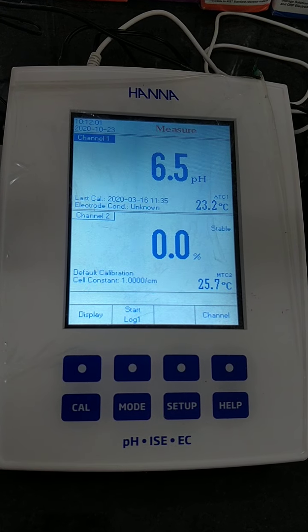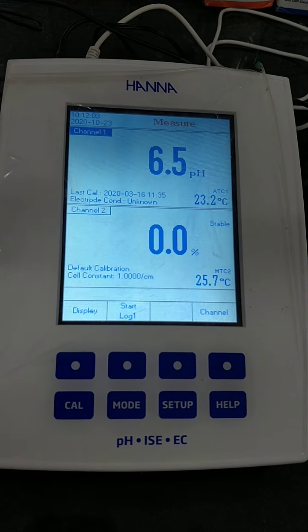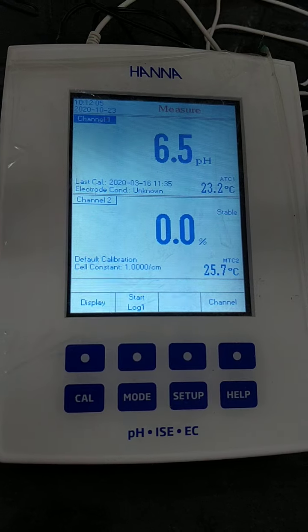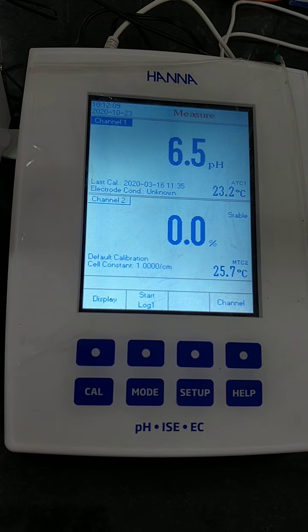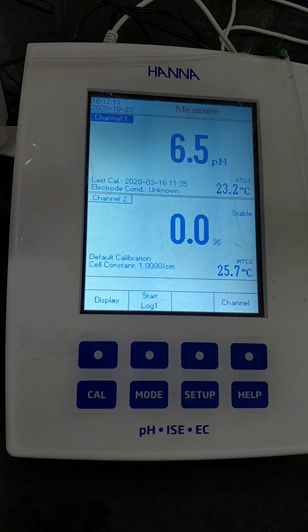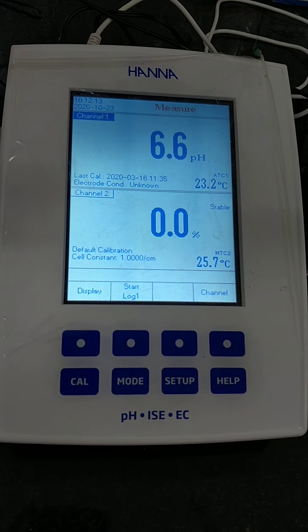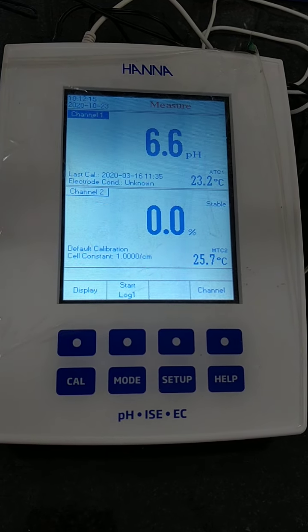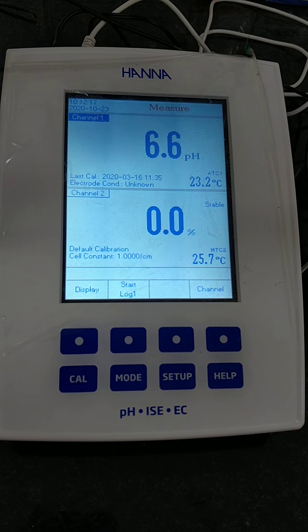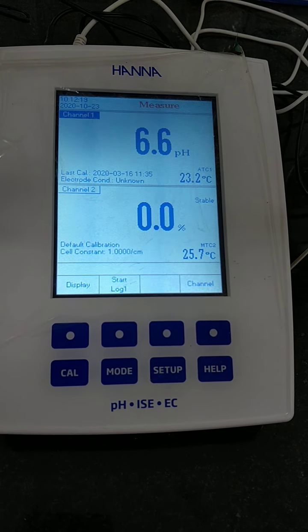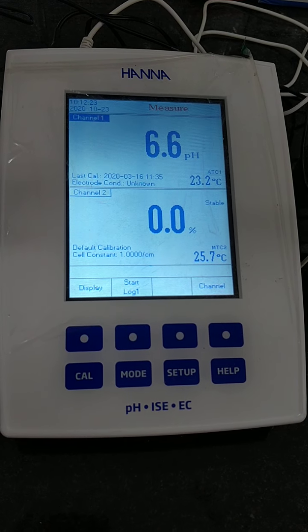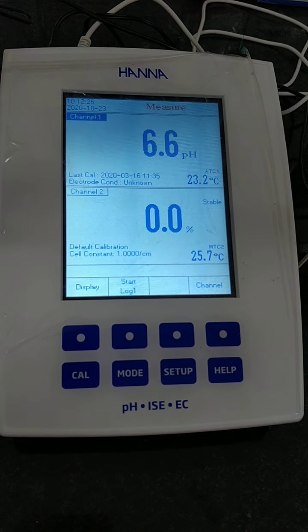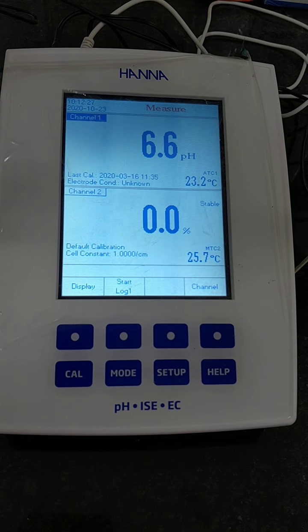It takes time to achieve the value with respect to calibration with the standard solution. With the sound of a beep, we can see the stable value has been achieved, and also on the screen we can see the stable value is achieved.